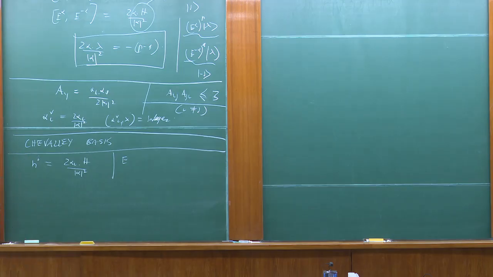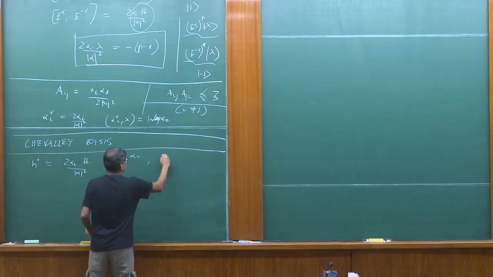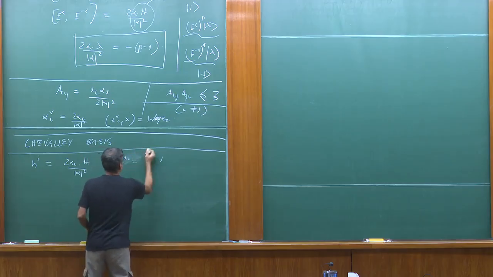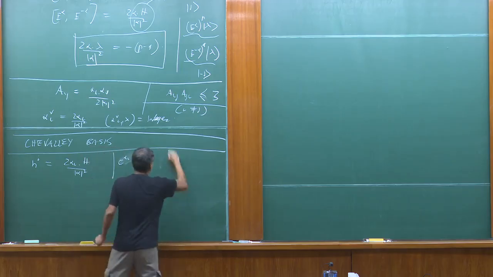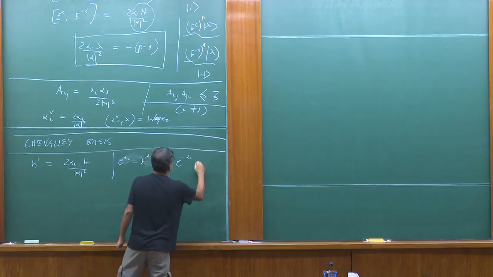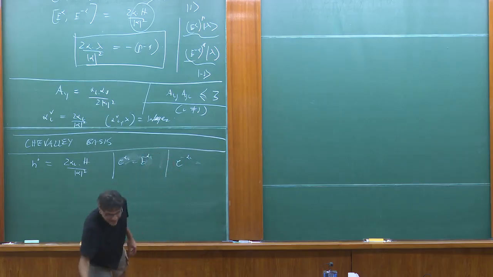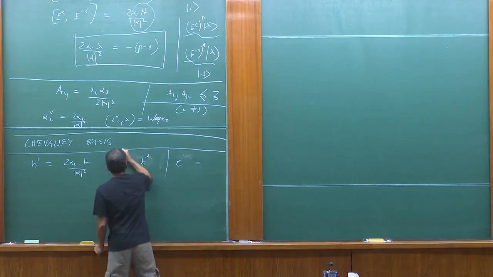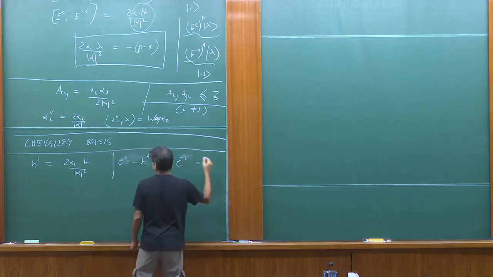Associated with any given simple root, it defines this Hi, and then there's E alpha i, which I'll call Ei, and E minus i is E minus alpha i.